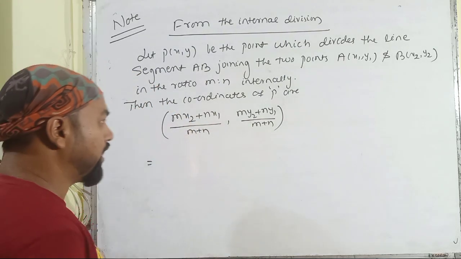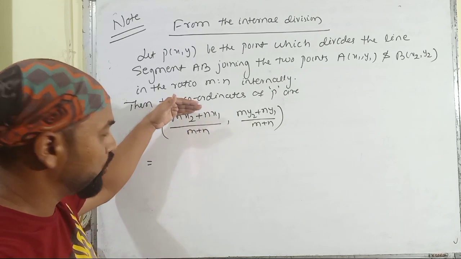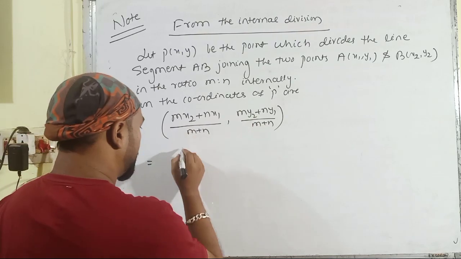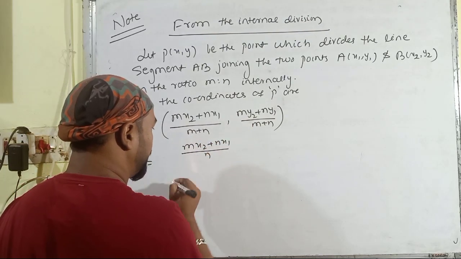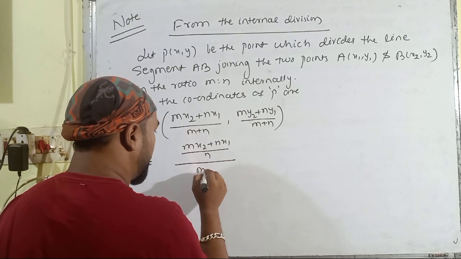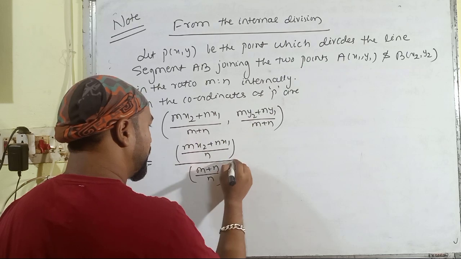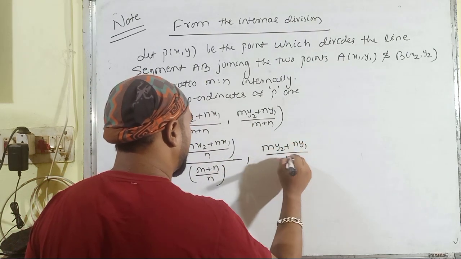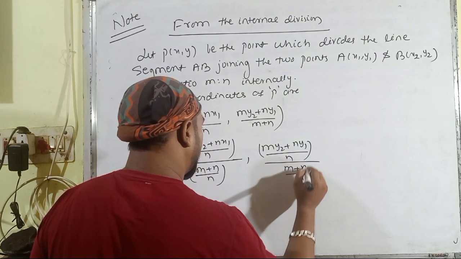Let us divide both the numerator and the denominator in both the terms by n. So (mx2 plus nx1) divided by n, (m plus n) divided by n, then (my2 plus ny1) divided by n, and in the denominator again (m plus n) divided by n.